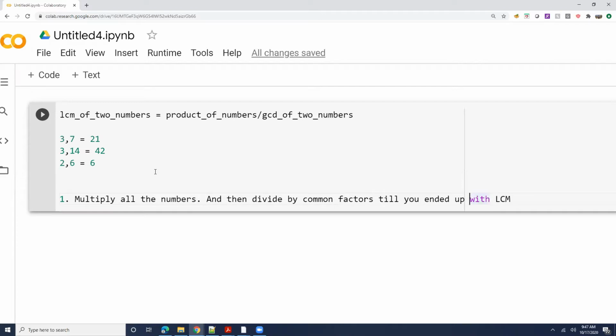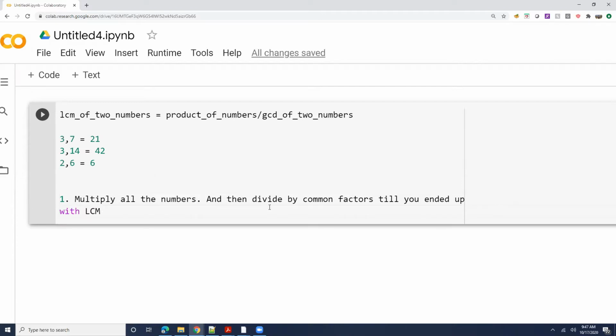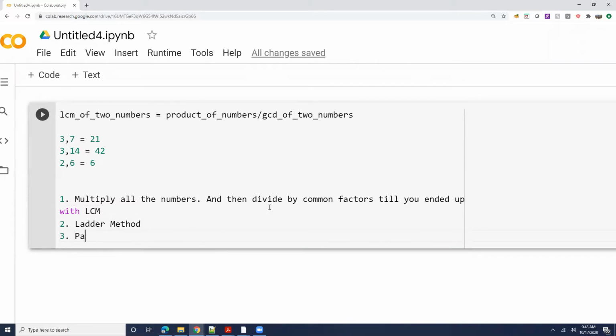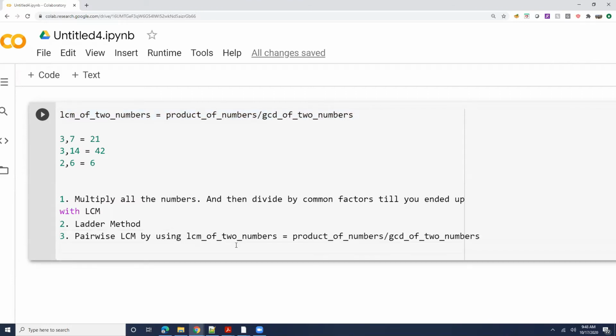Right, Jonathan? That was roughly your method. Shruti's method was the ladder method. I said pairwise LCM by using this.